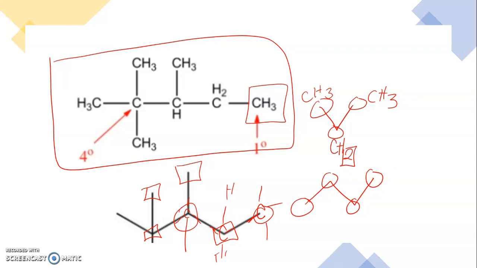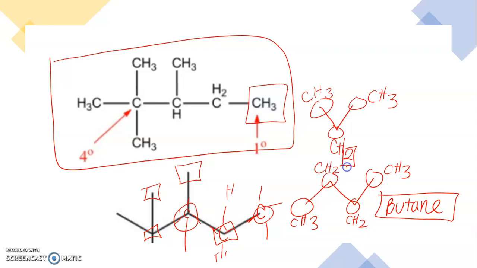You can figure out the name for that. If it's a 4-carbon chain, what is the name? The name is butane. So on each end is a CH3, and these middle ones are CH2s. So if you wanted to write the structural formula for butane, you'd have CH3, CH2, CH2, CH3, because structurally it literally goes CH3, CH2, CH2, CH3.